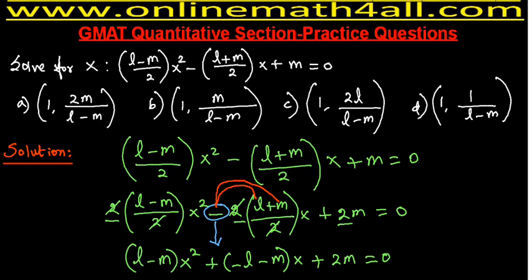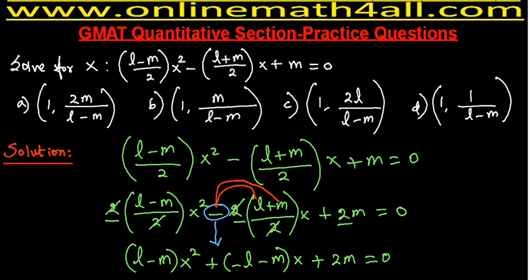Students, so far I have done two things in the given quadratic equation. In the coefficient of x square I had denominator 2, and in the coefficient of x also I had denominator 2. To get rid of the denominators, I multiplied the entire equation by 2 on both sides, so the 2 and 2 get cancelled in both coefficients.